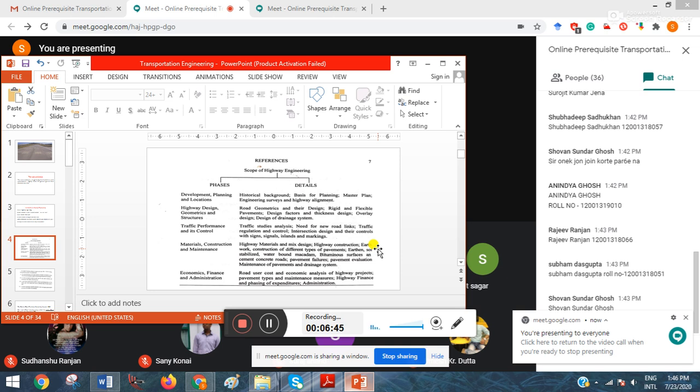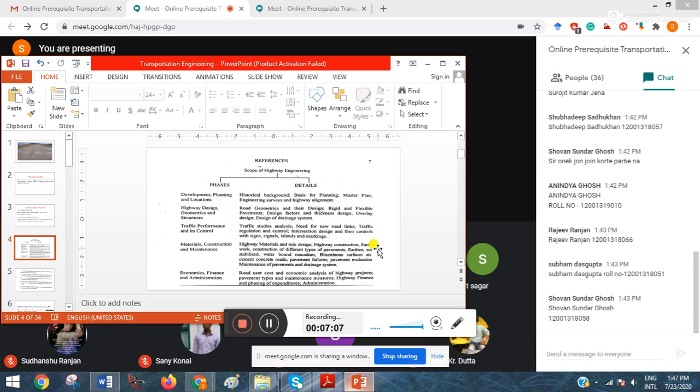Then highway traffic operation and its control, materials, pavement design, construction and maintenance, economic considerations, finance and administration.